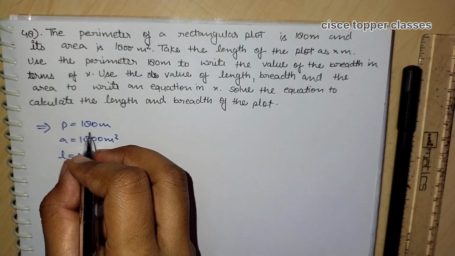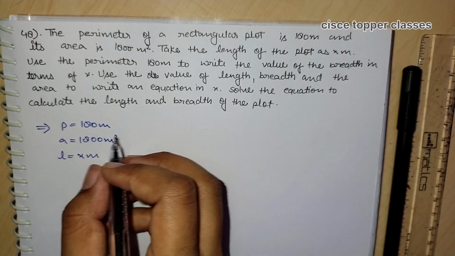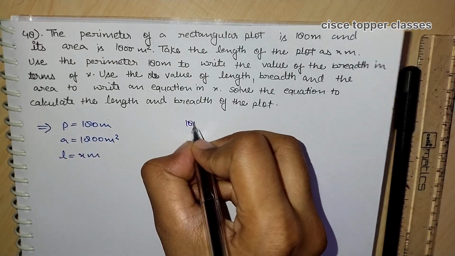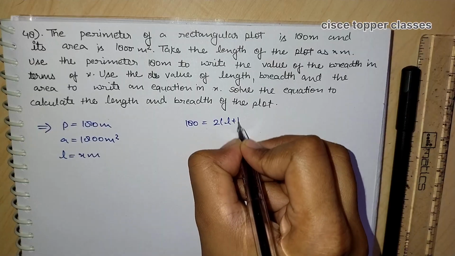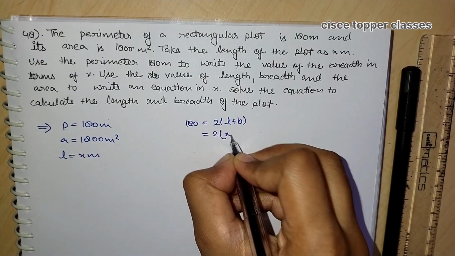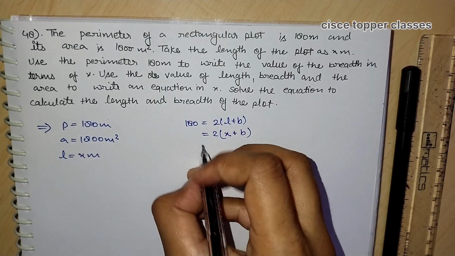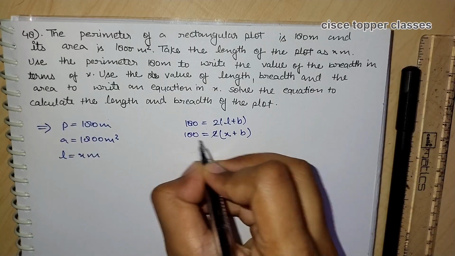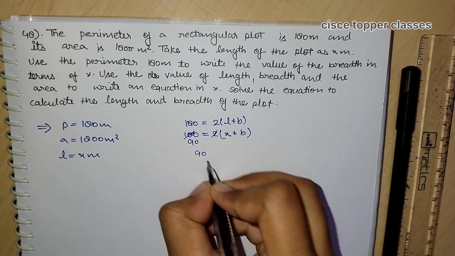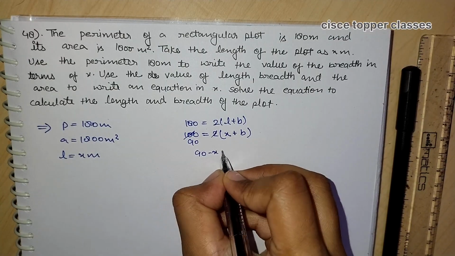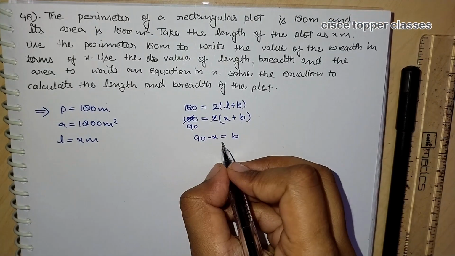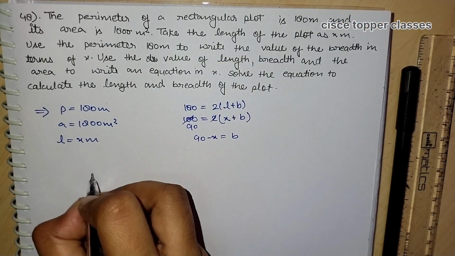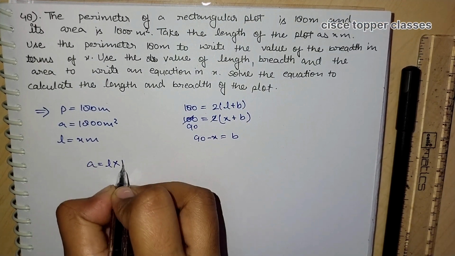We have to use the perimeter to find the value of breadth. So we can write 180 equal to 2 into length plus breadth, putting length as x and breadth as b. So from here we can write the value of breadth as 90 minus x equal to b. And if 90 minus x is equal to breadth, we can write the area as length into breadth.